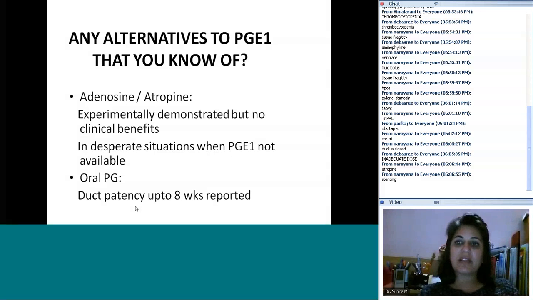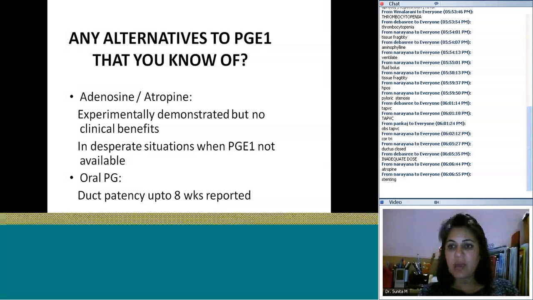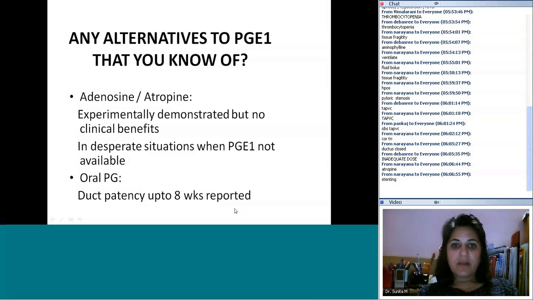See, the difference between adenosine or atropine and prostaglandin is you can give prostaglandin by continuous infusion, whereas we don't really have a continuous infusion for adenosine and atropine. Stenting, yes, stenting of the duct can be done, as we discussed, if you want to prepare the left ventricle. In that situation, sometimes in a tetralogy, you want to buy some time. So certainly that's something to consider.